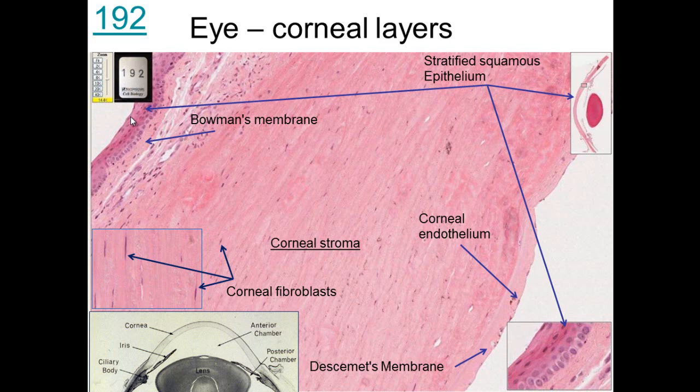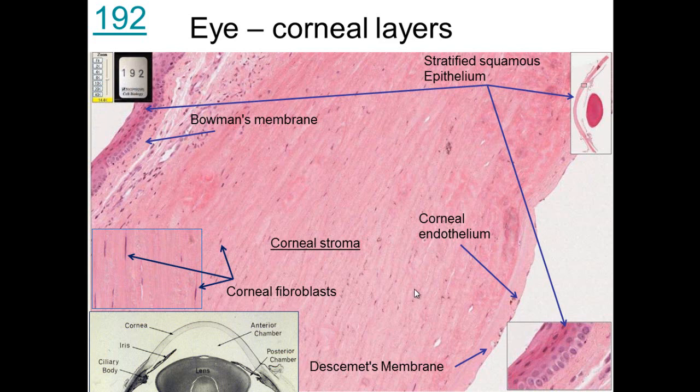If you see the stratified squamous epithelium on the surface, Bowman's membrane here, and then you see the stroma, and the stroma has corneal fibroblasts. You can see the nuclei of these cells, you can see the cytoplasm of this cell, and there's a lot of fibers in between, and those fibers are arranged perpendicular to one another so that it selects out desirable light rays.